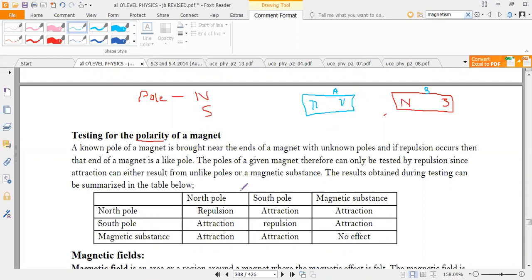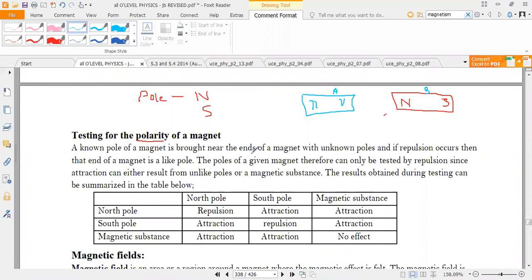To determine the poles of this magnet, the only sure test that we can use is the repulsion test, because according to the law of magnetism, like poles repel and unlike poles attract.